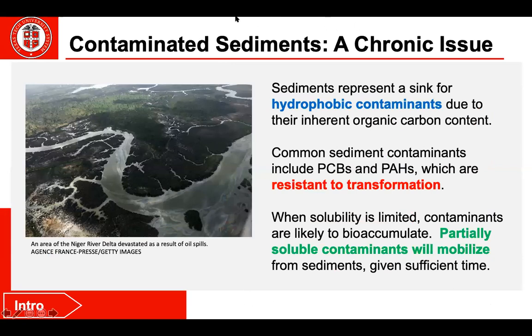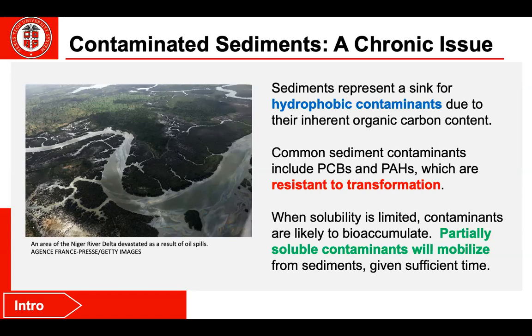Perfect. All right. So what we're going to be talking about today are contaminated sediments, which is a chronic issue globally. Typically, when you're looking at contamination within sediment beds, you're looking at either organic contaminants or inorganic contaminants that generally don't dissolve very well into water. And so what you see is just a strong affinity for sediments that are at the bottom of a surface water body because of the organic content that are within those sediments.